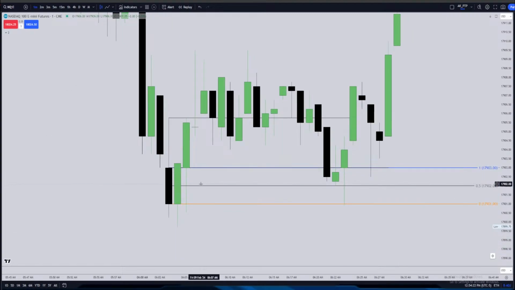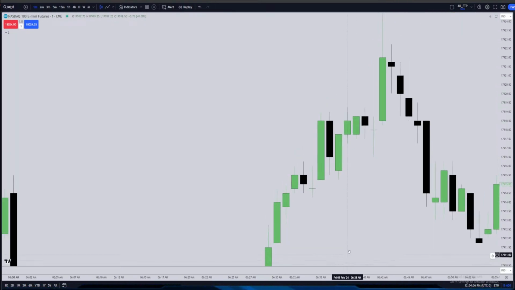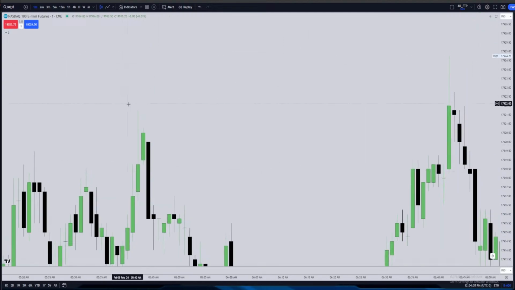Now this is the mean threshold, this is where it came, closed above, and the mean threshold should not be tapped. The market came to the opening price a bit inside, never came to the mean threshold, started going higher like this, and took the buy side liquidity until this high.